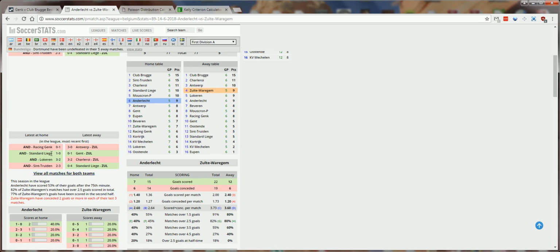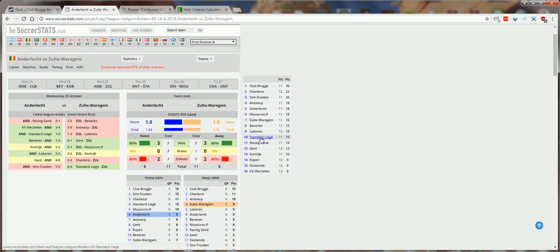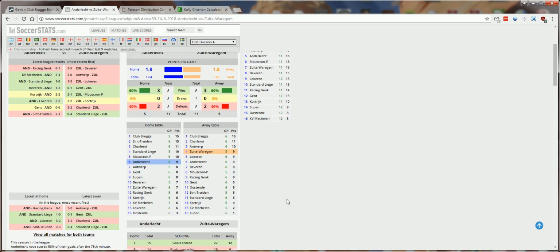Standard, well, we all know that Standard were averagely average, and Lokeren, well, Lokeren are not much of a side. They haven't really beaten anyone at home. Zulte, on the other hand, they've lost to Antwerp and they've lost to Charleroi. Charleroi are a great side, we saw that last night. They absolutely stuffed Standard, and they beat Genk.